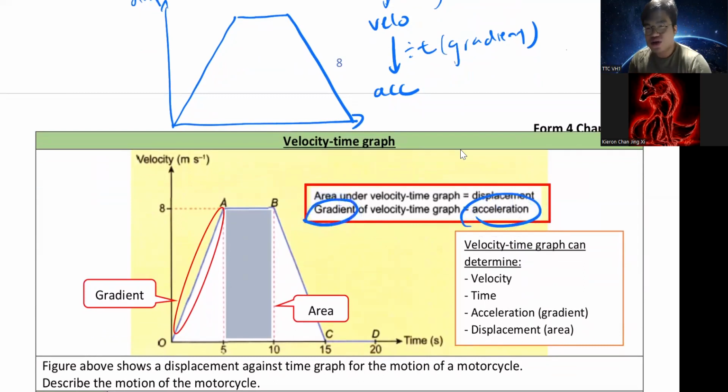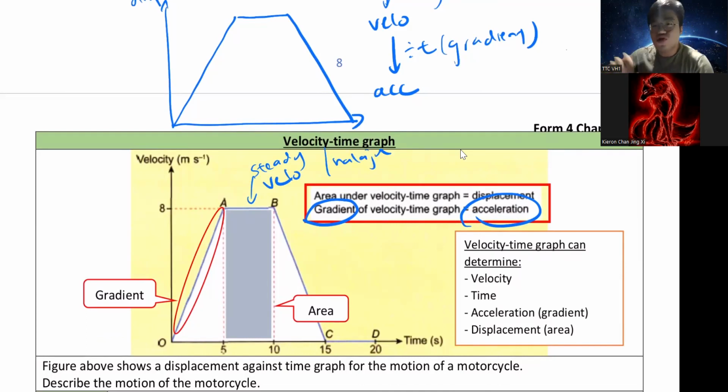Kecerunan sifar, pecutan sifar. If my acceleration is zero, that means I am still moving forward, because this part is steady velocity. Steady halaju. You get what I mean?